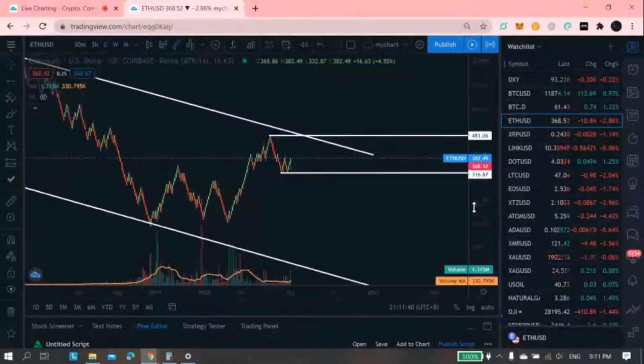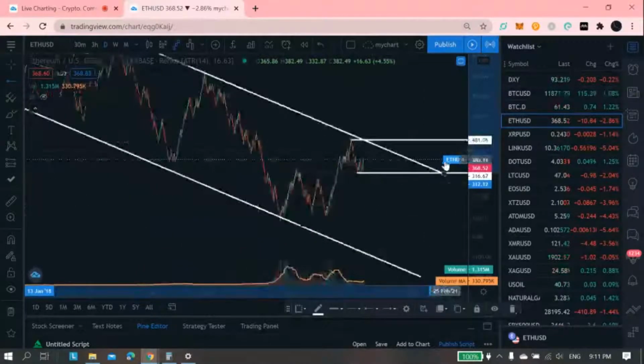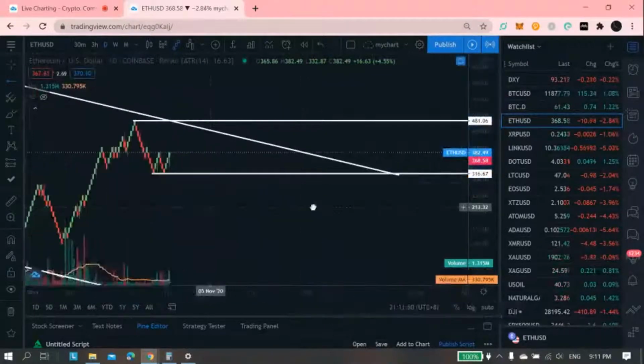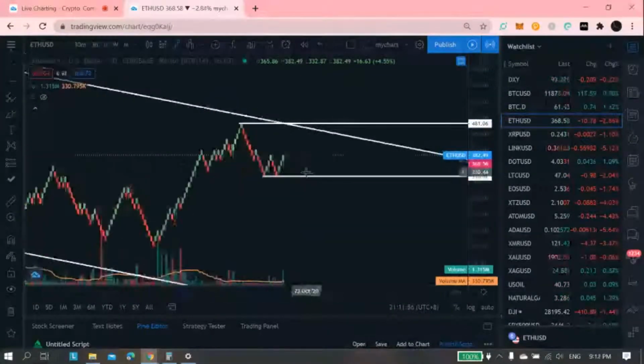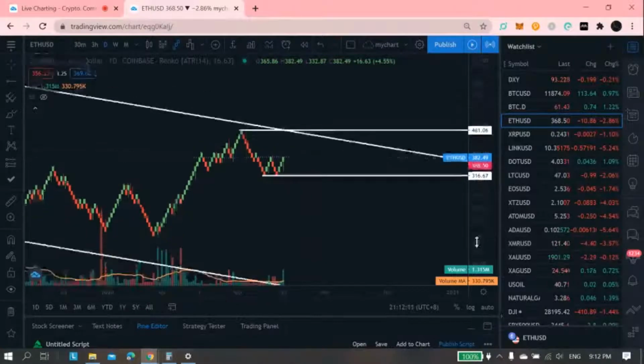This is more on a long term. I don't know what kind of trader you are, but for scalping you have support and resistance already. The next possible resistance from here is around the 400 area. So that's how you use the Renko chart.